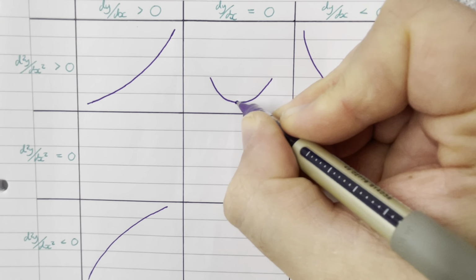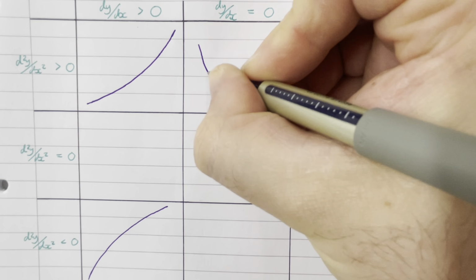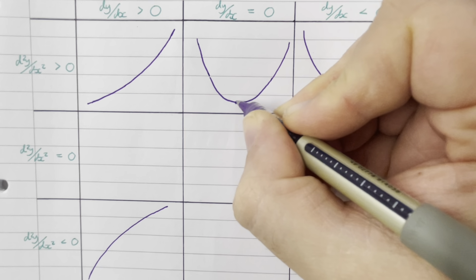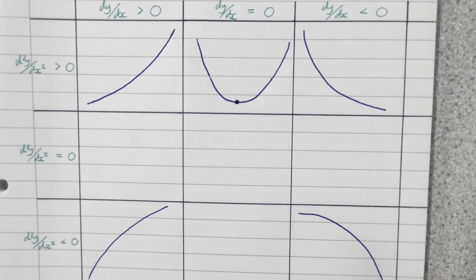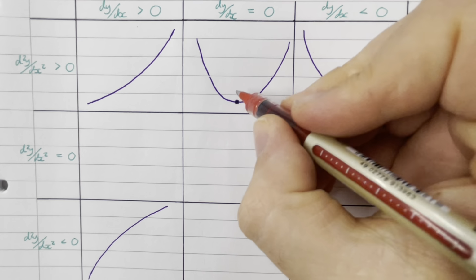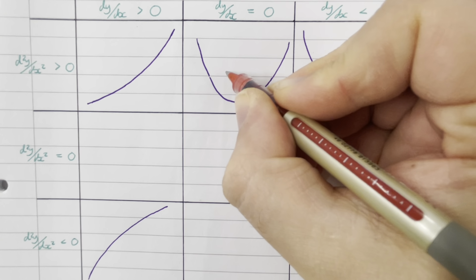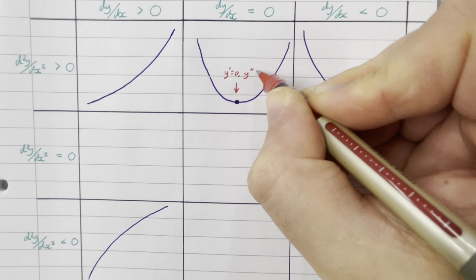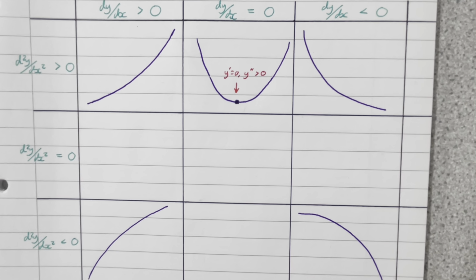That's the only way it's going to happen. So that's why we can use the second derivative to decide if it's a minimum. So at this point here, y primed is 0 and y double primed is positive. Okay, that's why it creates a minimum.